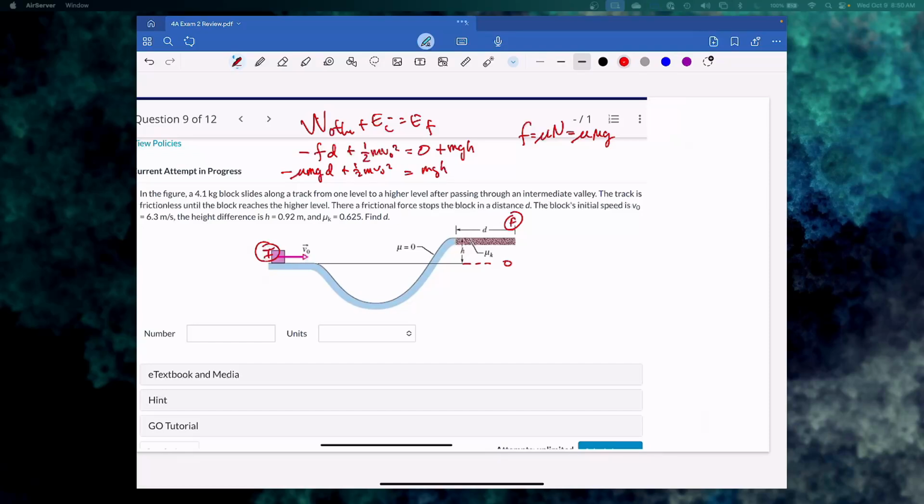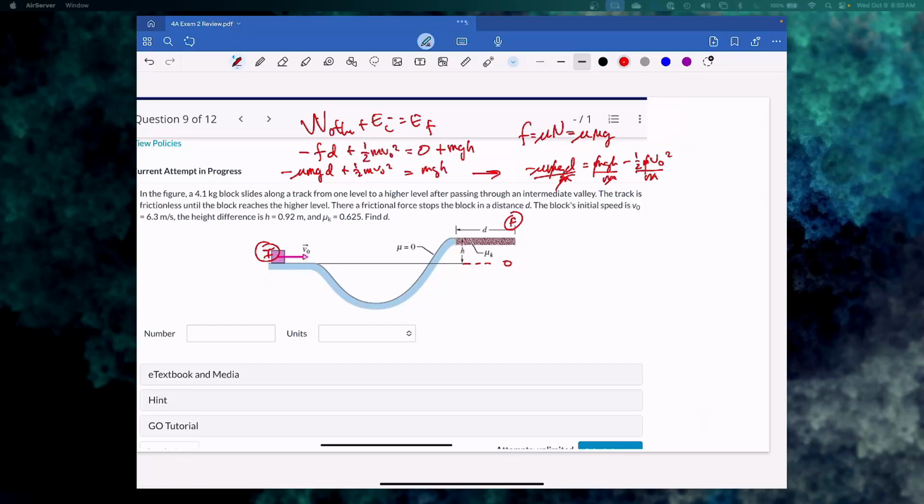All right. So algebra. It's going to be negative mu mgd equals mgh minus 1/2 mv naught squared. Can I get rid of the m's? There's an m in every term, right? In other words, if I divide every term by m, they just cancel each other out.